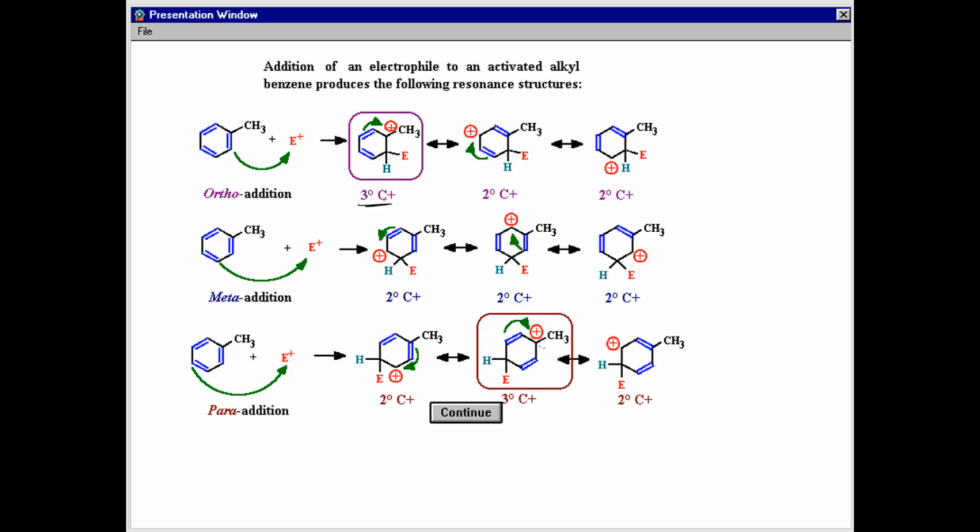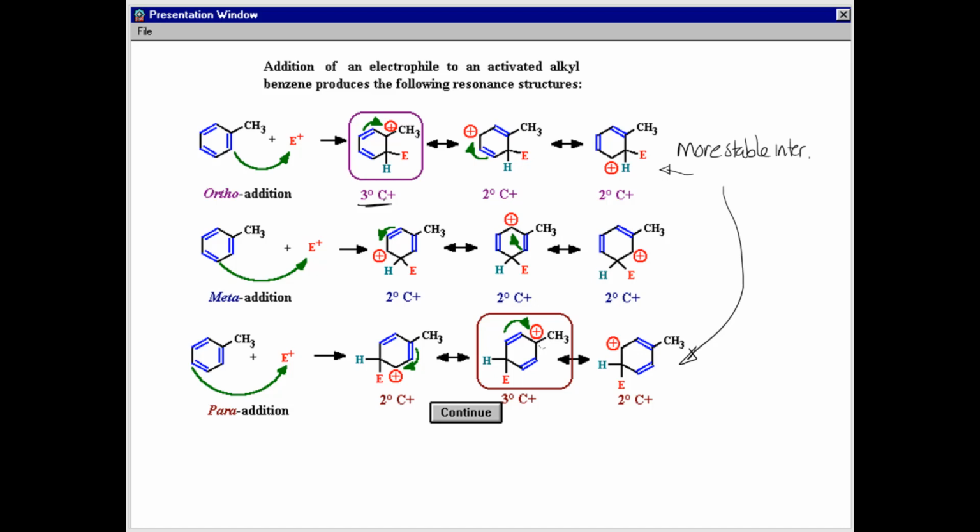So overall then, I do get the more stable intermediate when I add the electrophile to the ortho and the para positions. Okay, so that's the reasoning for the alkyl groups.